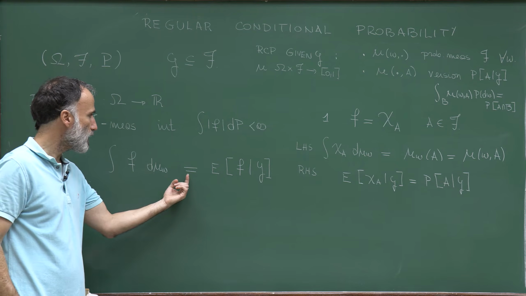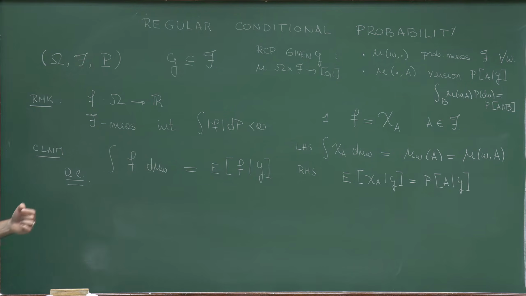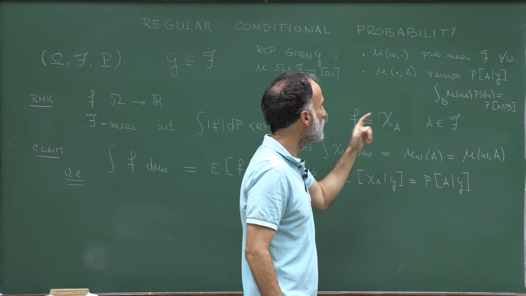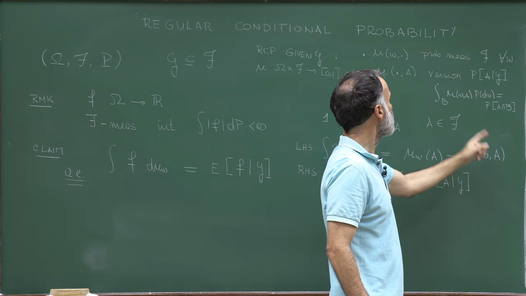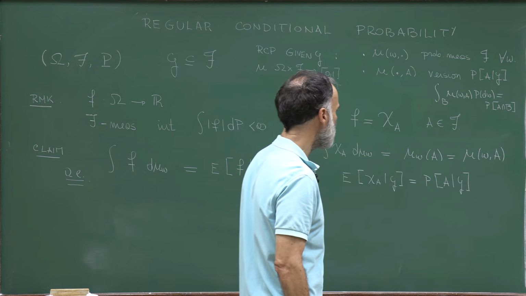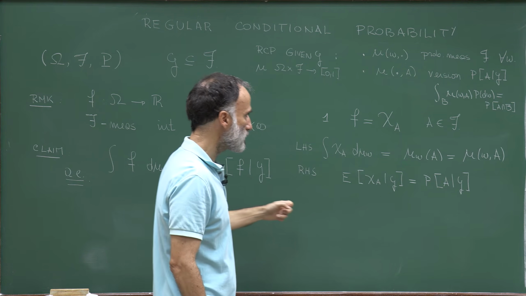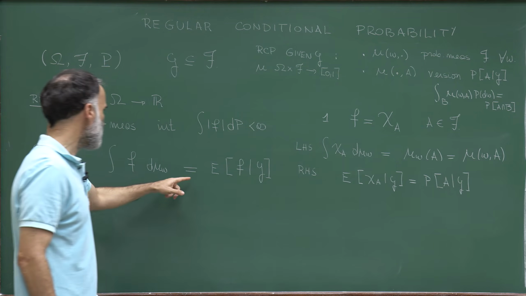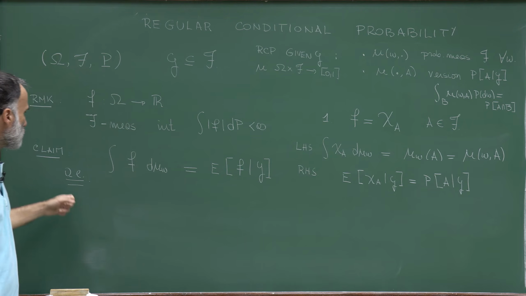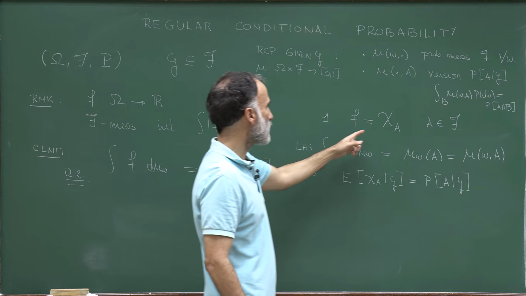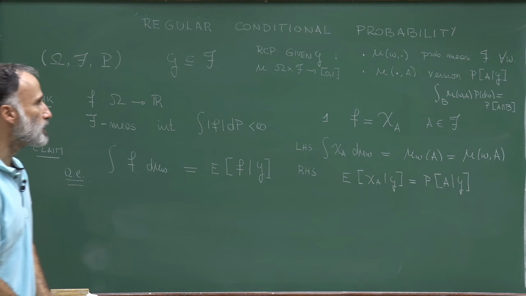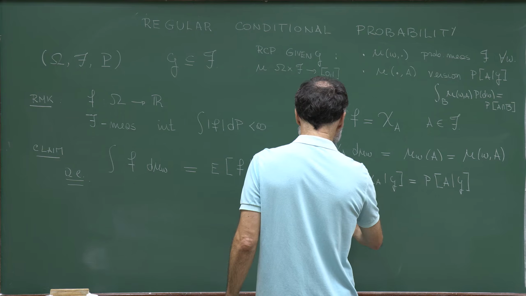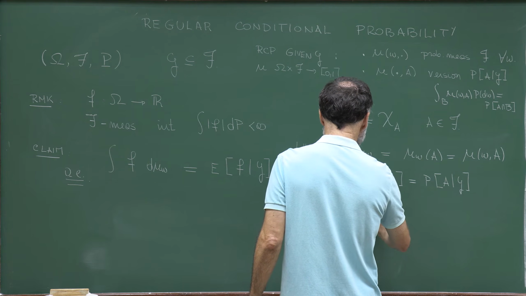I'm claiming that this identity holds almost everywhere. And indeed, by the second property of mu omega of A, it's a version of this conditional probability, and the right-hand side is exactly the conditional probability. Therefore, these two objects are equal, which means that this identity holds almost everywhere, provided f is equal to the indicator of a set.